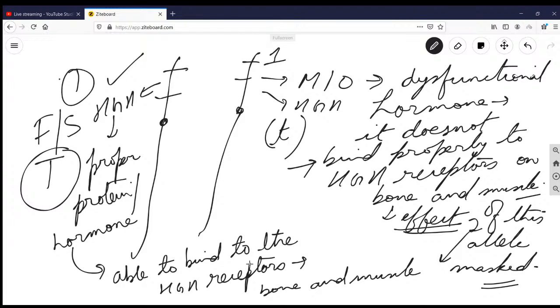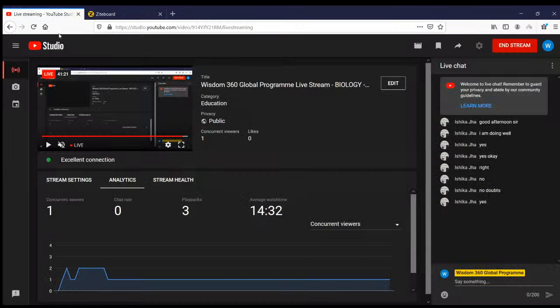So that is why the effect of the recessive allele is not observed in the presence of the good quality or dominant allele. That is why it is called the dominant allele. It is not fighting that allele, it is masking the effect of the allele. That is what happens. So this is the concept regarding dominant and recessive.